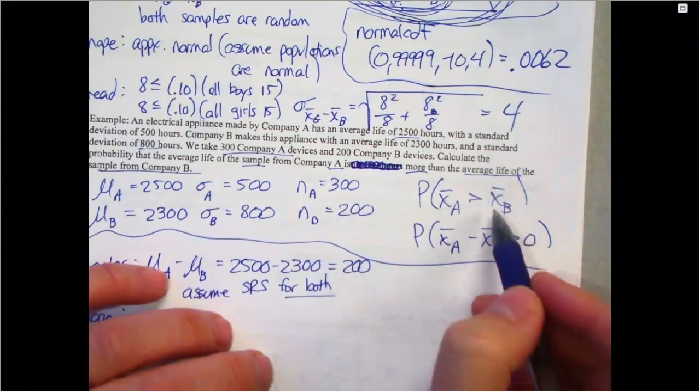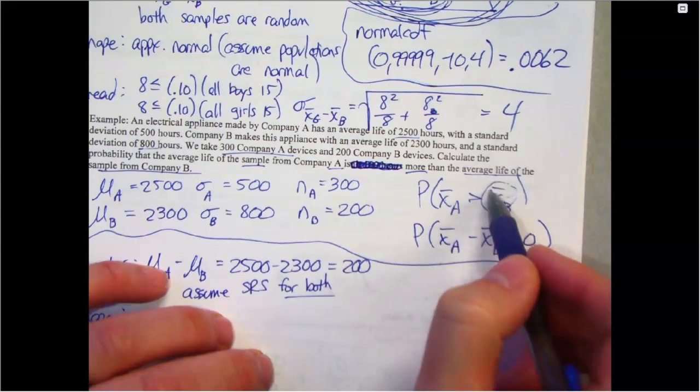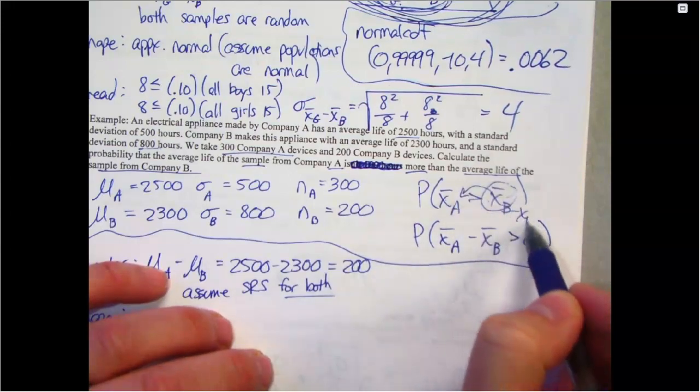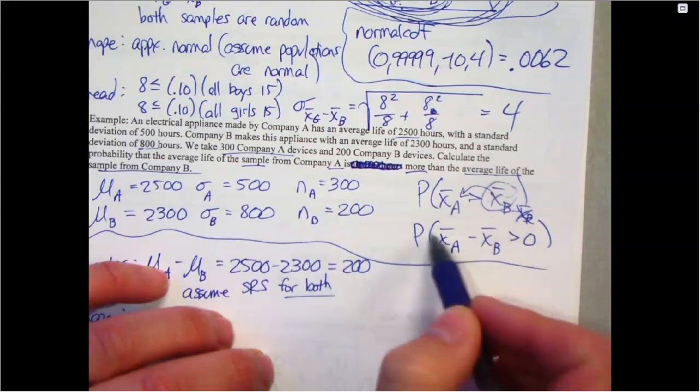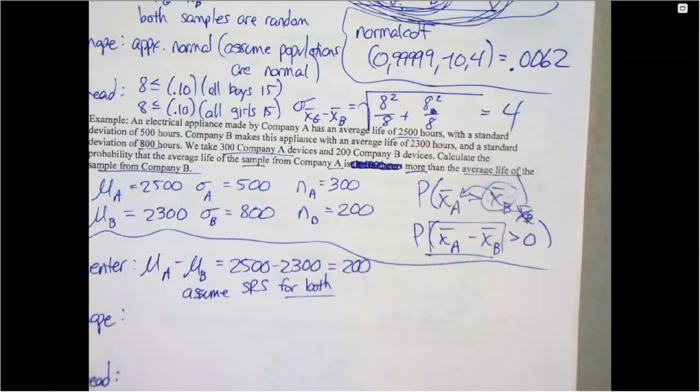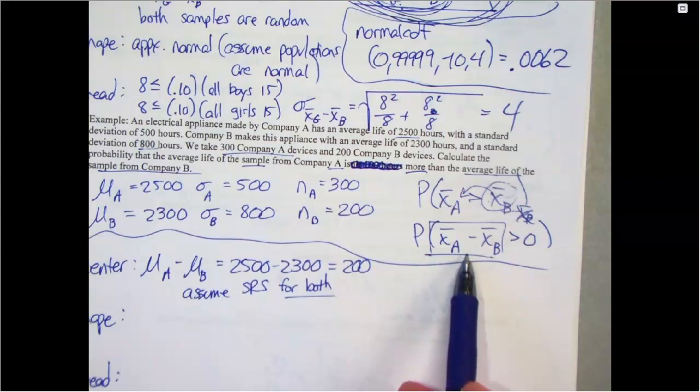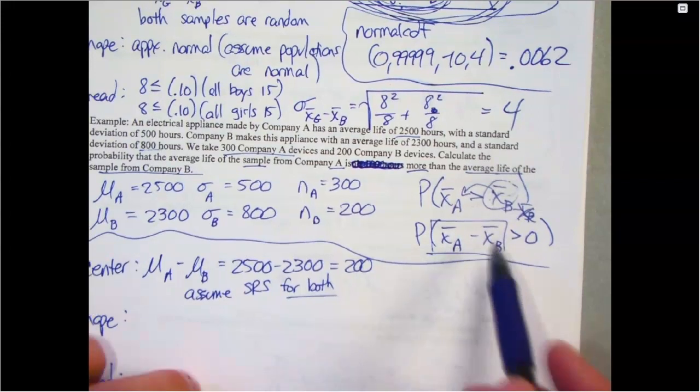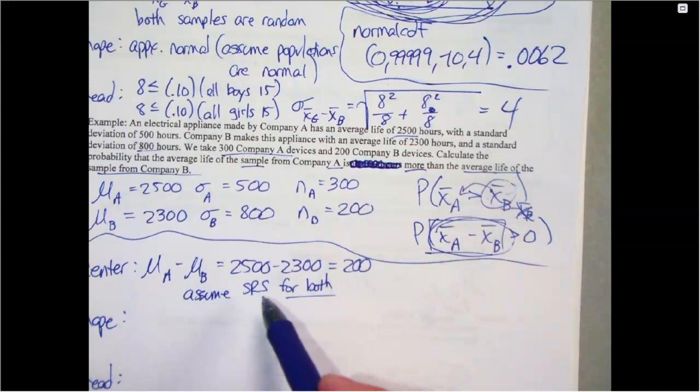I'm just rewriting this. Basically, I'm subtracting this from both sides, so it cancels over there, and then I end up with this and this. So for the center, it's A minus B, because of this order right here. If it was B minus A, it would be B minus A down here. Whatever order you have right here, you do over here also. You guys are good.